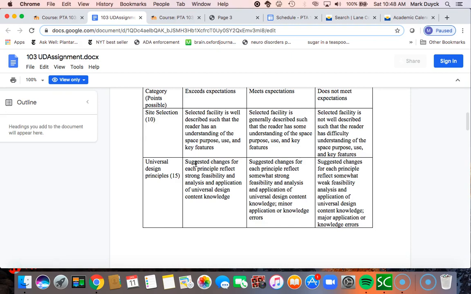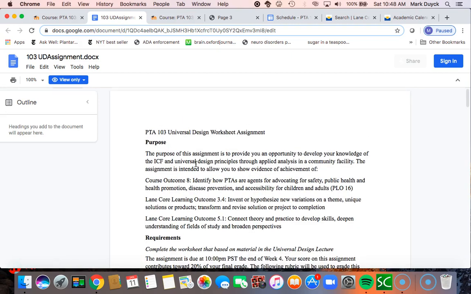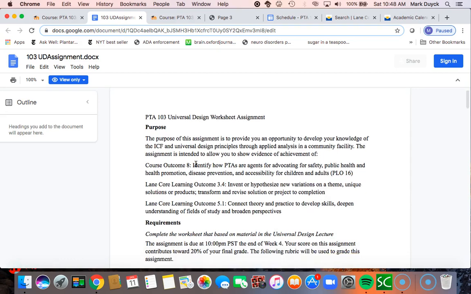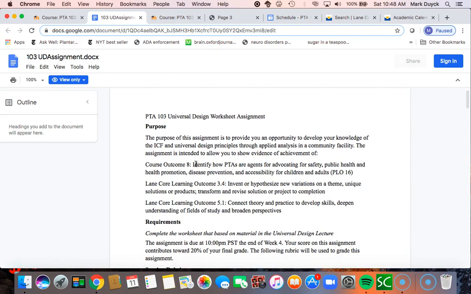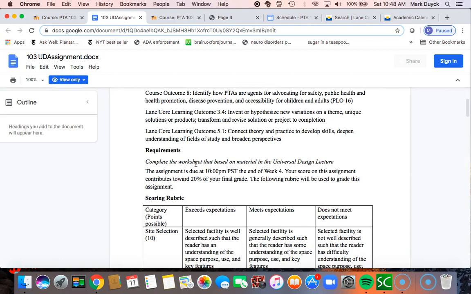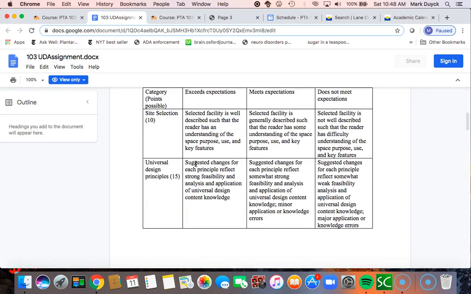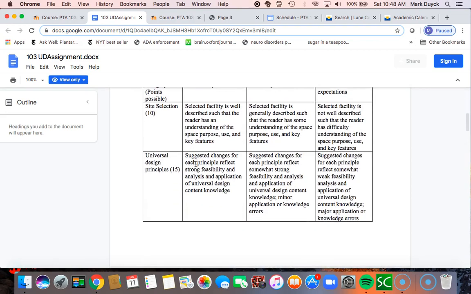So it's really up to you. If you're hesitant and not sure, certainly you can ask me, but I'm probably going to say yes in terms of what you're looking at, in terms of assessing whether universal design can be applied.